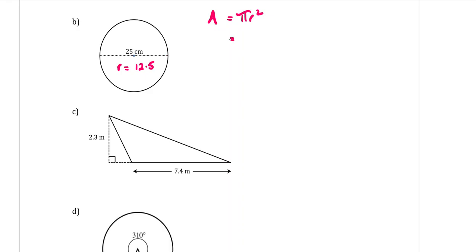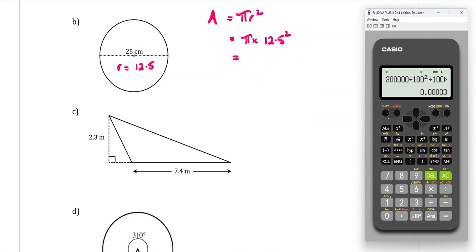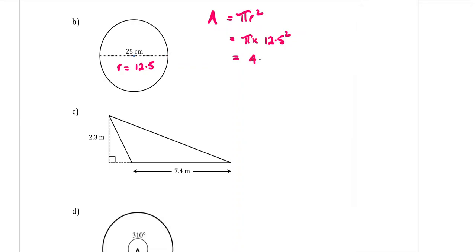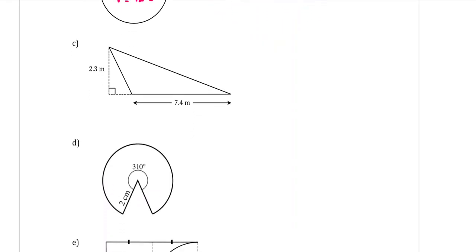Subbing that into the formula, we get pi times 12.5 squared. Putting that in your calculator, pi times 12.5 squared is 490.87. And that will be centimetres squared.